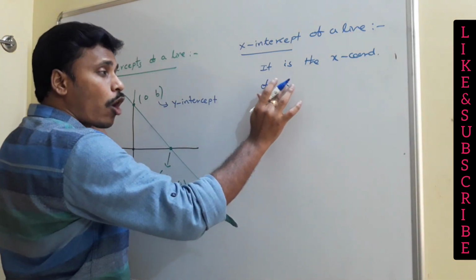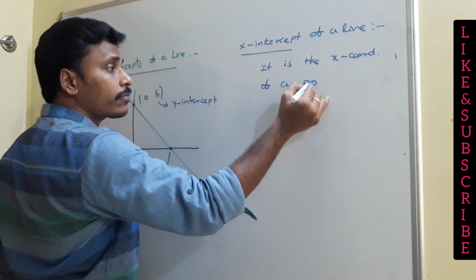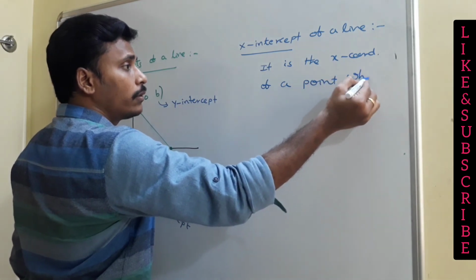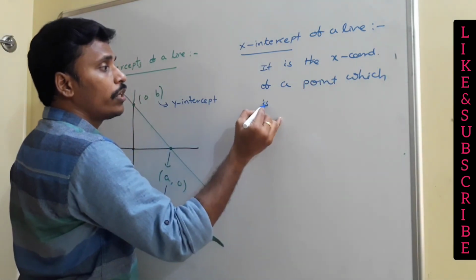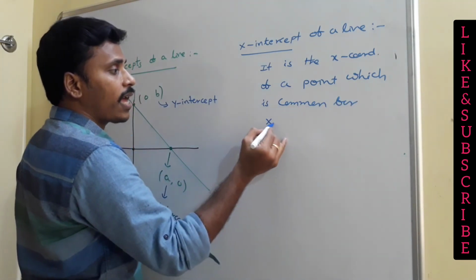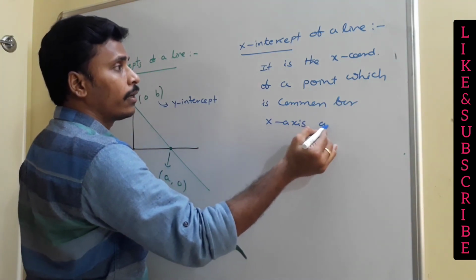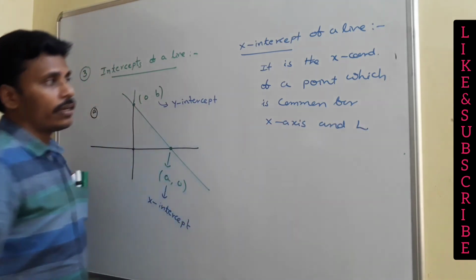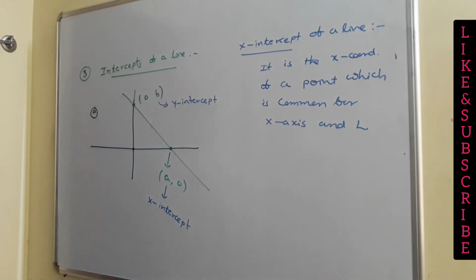It is the x-coordinate of a point which is common for the x-axis and the given line L. Look at this. The x-intercept is the x-coordinate of a point which is common for the x-axis as well as the line.